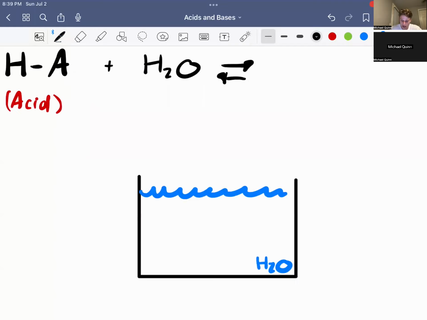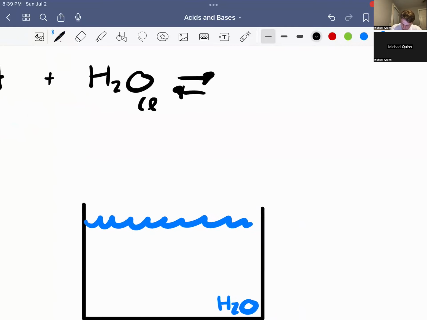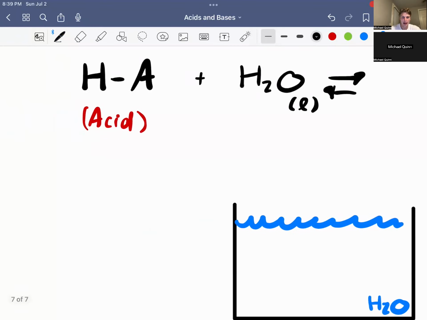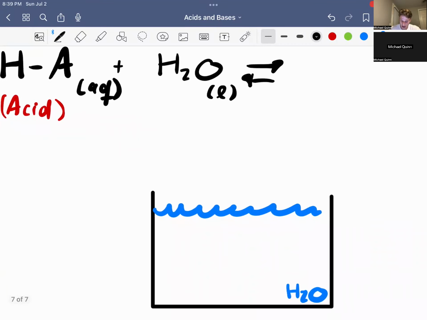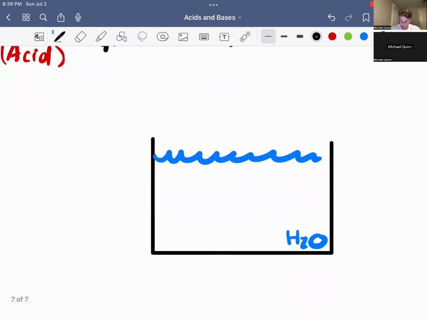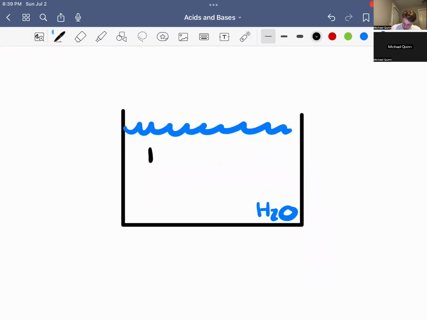So we will denote H2O as a liquid in our reaction. HA, and any time you are putting an acid into water, you are going to denote that acid as an aqueous species.